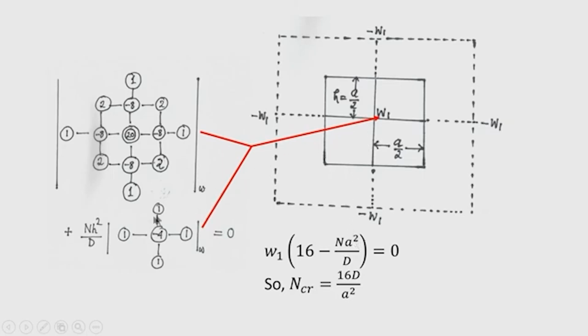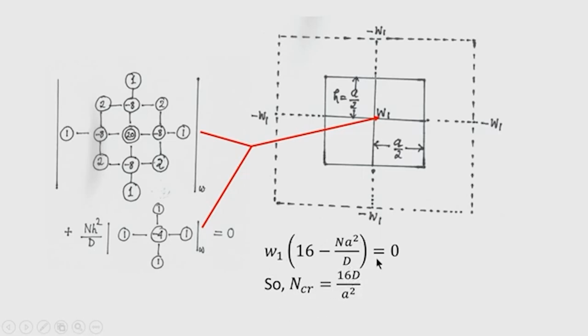So, when you write N a square by D minus 4 into N a square by D and then put h equal to a by 2, this quantity will be minus N a square by D. Okay. So, for a non trivial solution, this quantity inside the bracket should be 0. So, the critical load for this plate is now 16 D by a square.